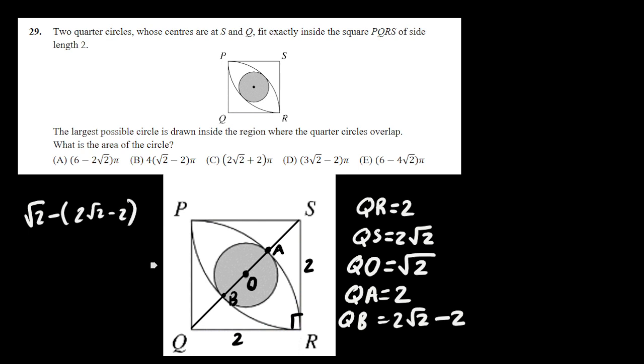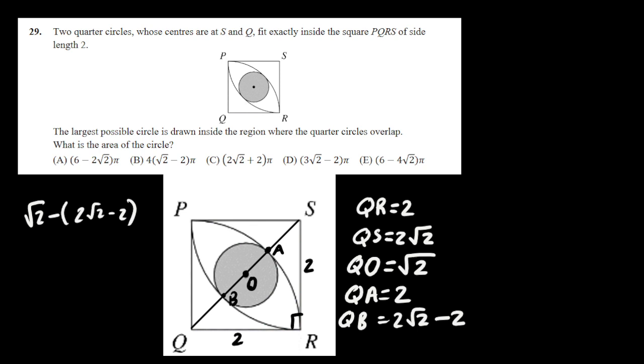Just like what we did before, since this is root 2 and this is 2 root 2 minus 2, this is root 2 minus 2 root 2 minus 2. And that's a lot of 2's.